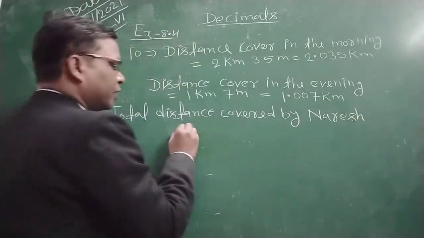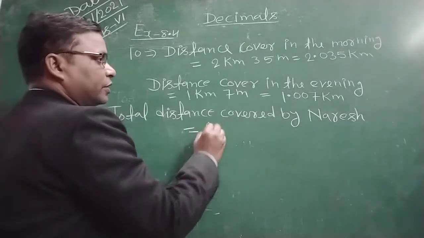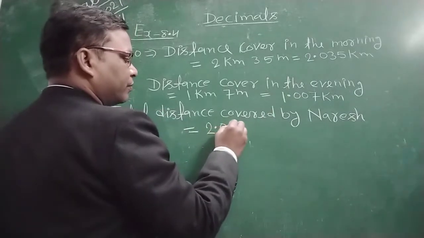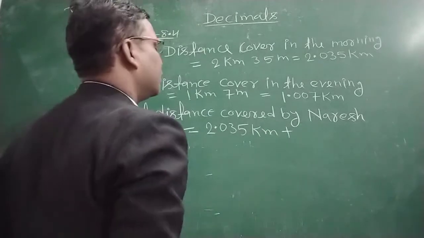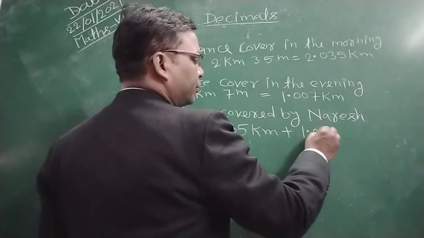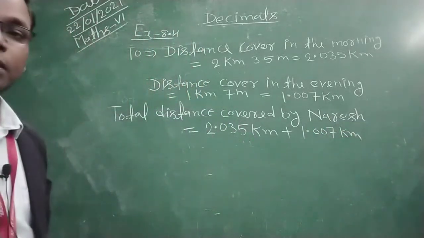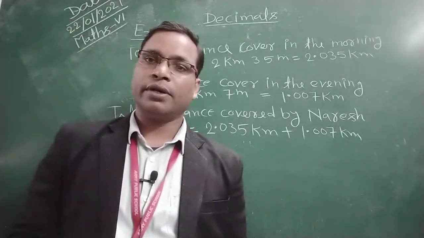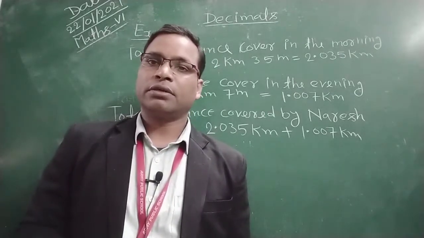This is equal to distance covered in the morning plus distance covered in the evening. So distance covered in the morning is 2.035 kilometer plus distance covered in the evening is 1.007 kilometers. Okay, you can add them, then you find the distance covered in the morning and evening both, or you can say the total distance covered by Naresh.